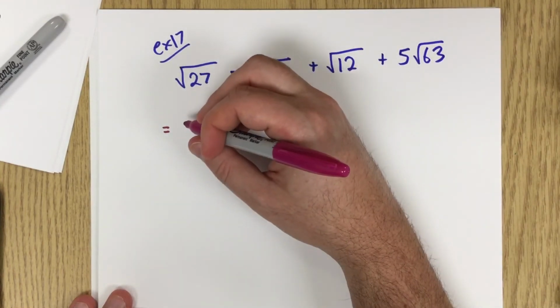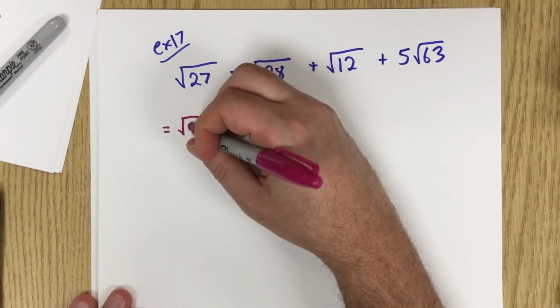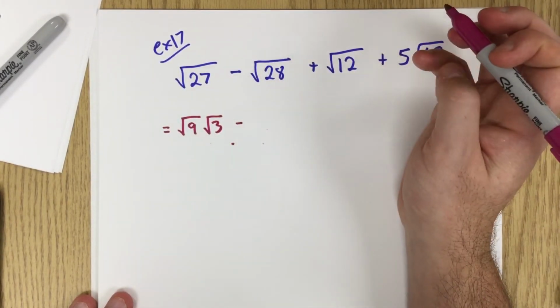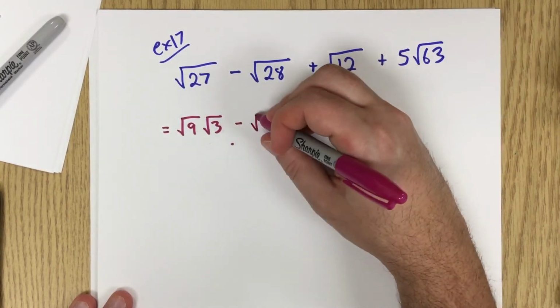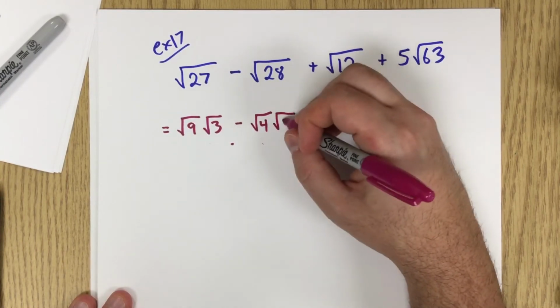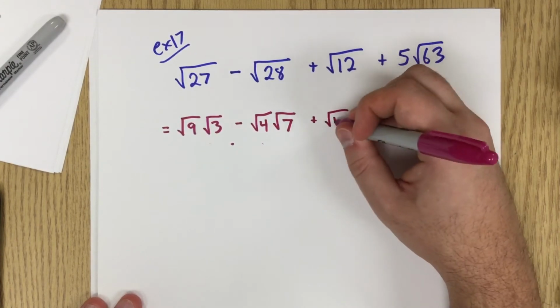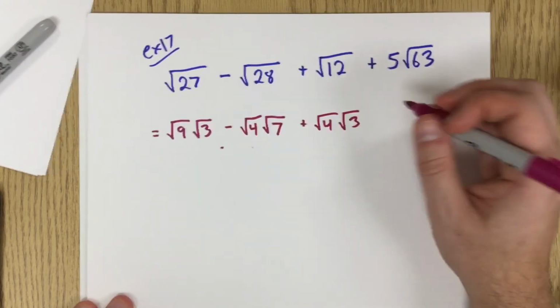So 27 is going to be root 9 times root 3. 28 is root 4 times root 7. 12 is root 4 times root 3.